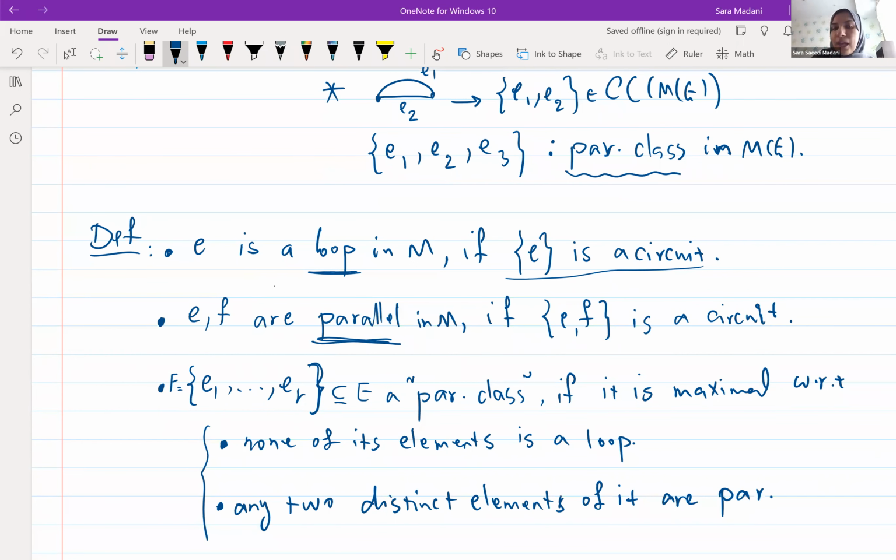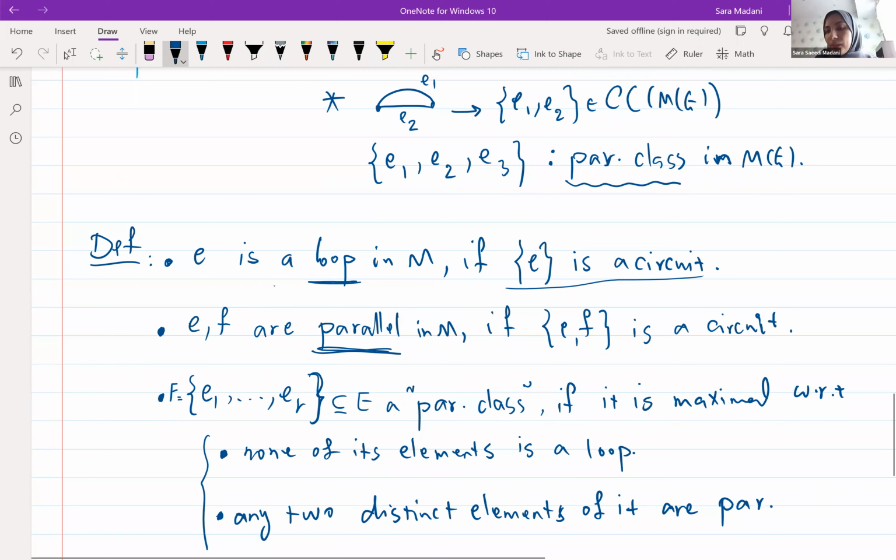If we look at our example above, without seeing the definition first, I claim that this set of edges is indeed a parallel class. And now you can check the first item. None of these edges, E1, E2, E3, were a loop. This was clear. Okay, check. Any two distinct elements of it are parallel.